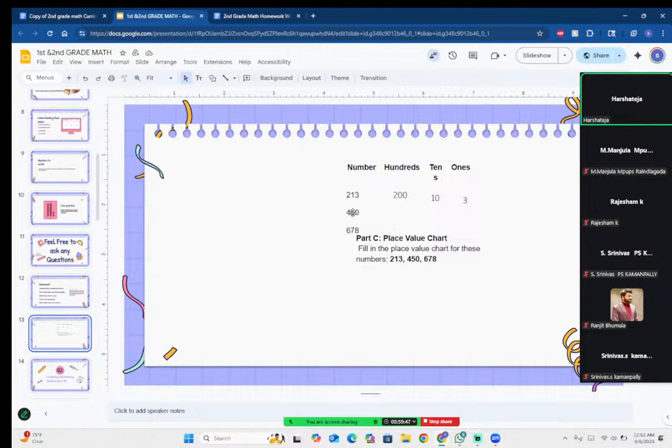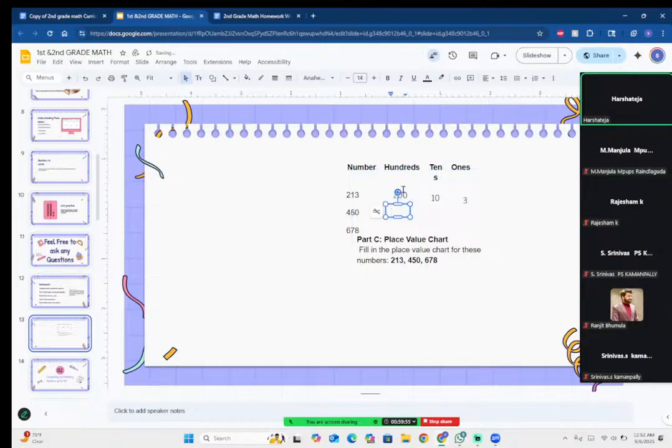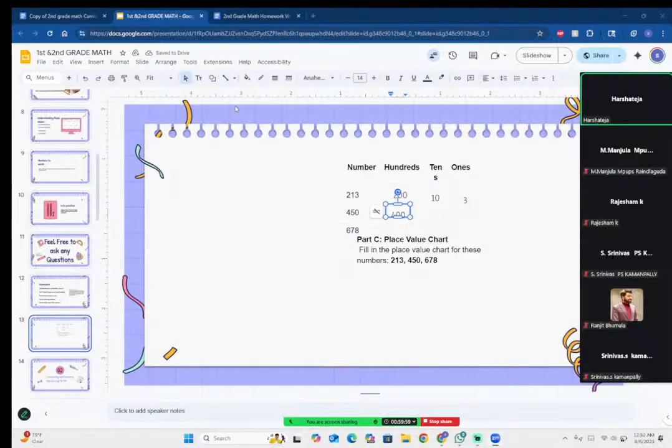Now 450. So in the hundreds place, there's a 400. Now in the tens place, there's a 5.